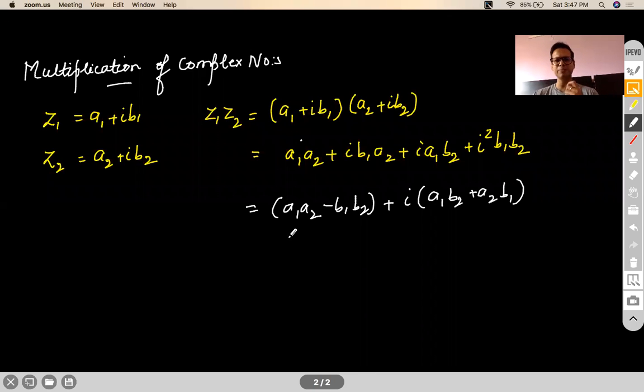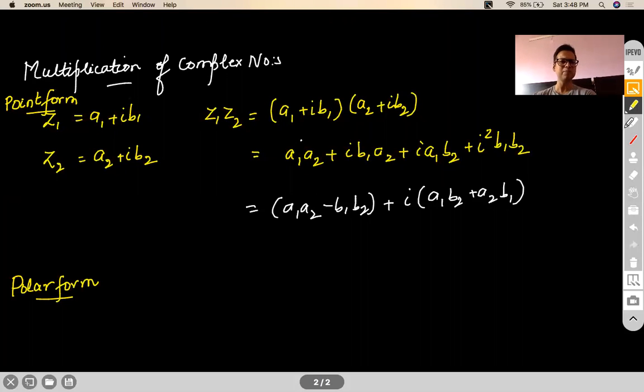We'll see whether we get an idea as to what is happening geometrically to these complex numbers to obtain the product. Here I'll write a short caption, point form multiplication.